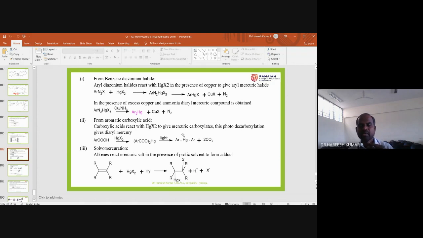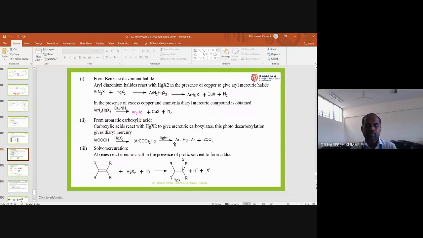So diaryl mercury can be synthesized starting from a diazonium compound, and it can also be prepared from aromatic carboxylic acids.